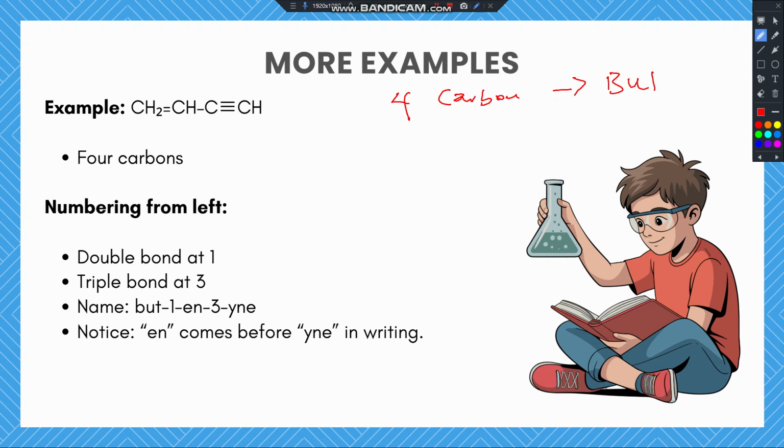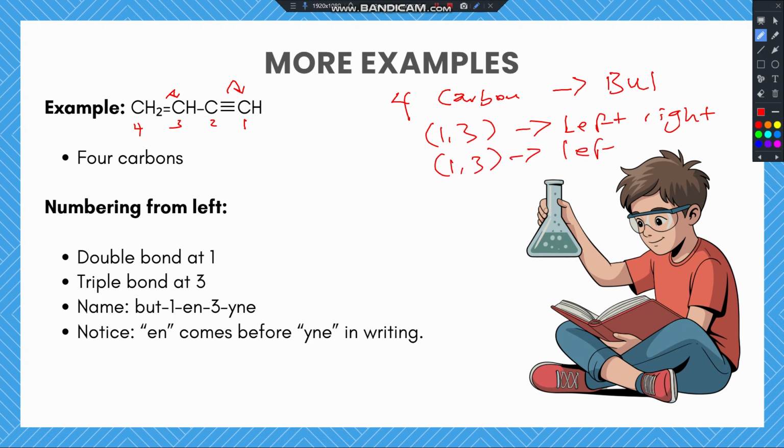So let's put that down. 1, 3. That's from left to right. If we count from the right to the left, however, 1, 2, 3, 4, we have the triple bond being on carbon number 1 and the double bond being on carbon number 3 as well. So we still have 1, 3 from right to left. So therefore, since we have the same set of numbers, the double bond will take priority in this case.